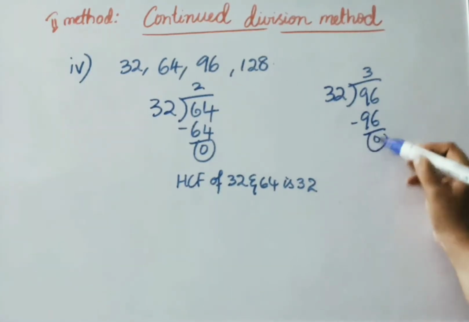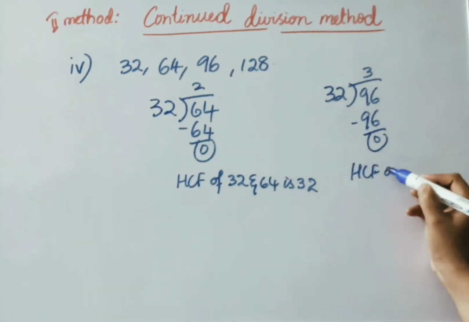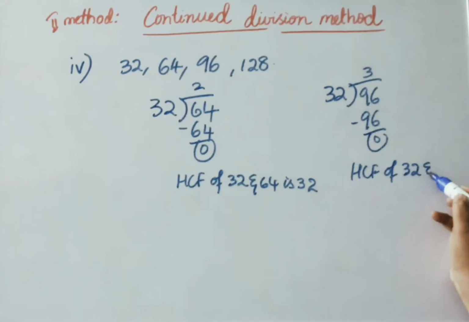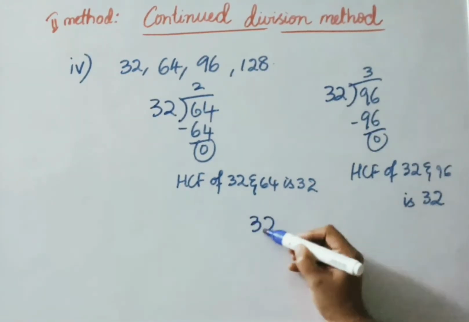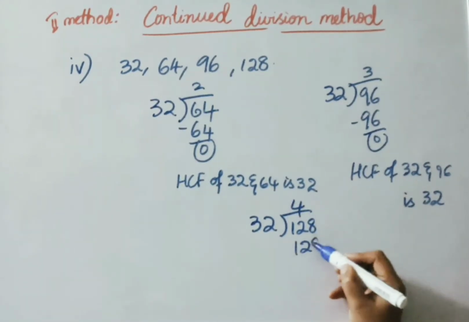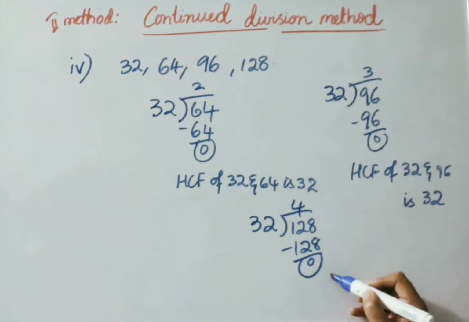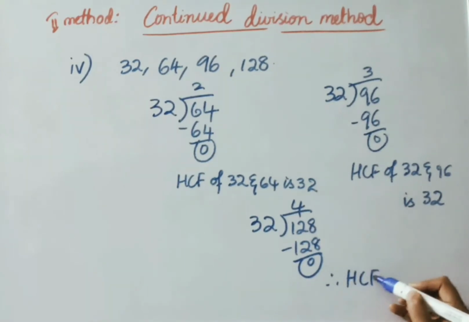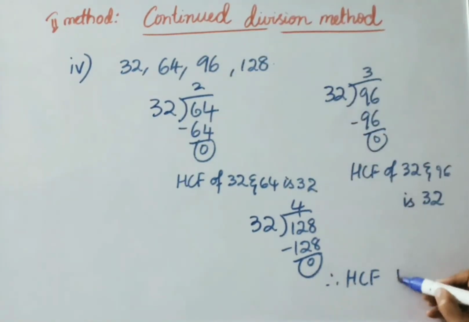We get a remainder 0. Then HCF of 32 and 96 is 32 only. Now with this 32, divide the fourth number 128. 32 4s are 128. We get a remainder 0. Therefore, HCF of all the four given numbers is 32.